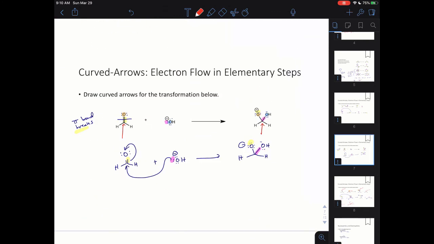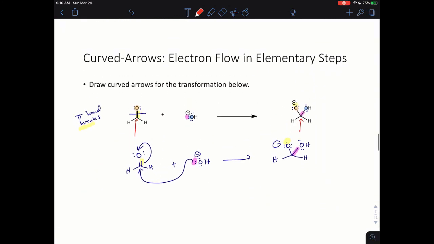So keeping those definitions in mind, we can see that hydroxide here acts as the nucleophile. It donated the electrons. The arrow starts at these electrons on hydroxide. And then formaldehyde here, it accepted the electrons. It acted as the electrophile.